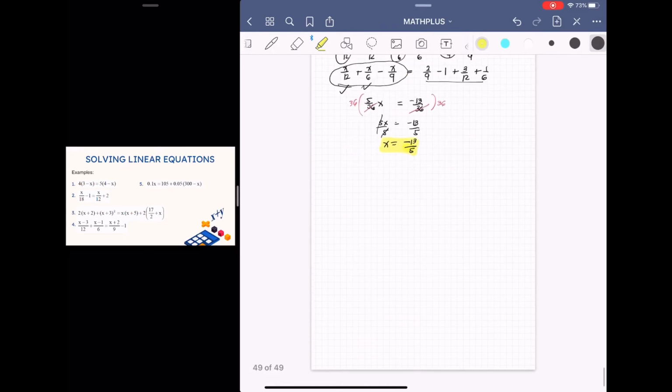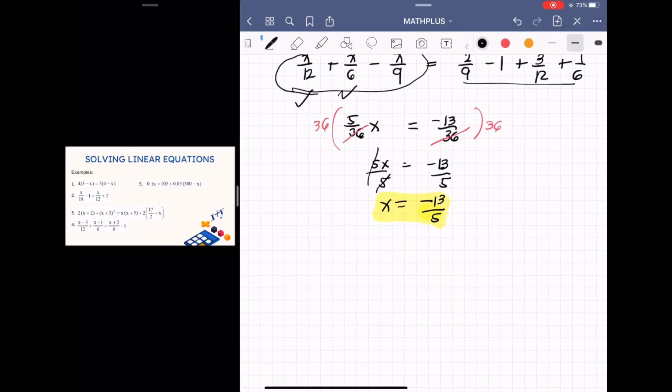Let's try to solve number 5. Number 5 given is you have 0.1x equal to 105 plus 0.05 times 300 minus x. Again, you have to remove all the parentheses, so you have to distribute this.